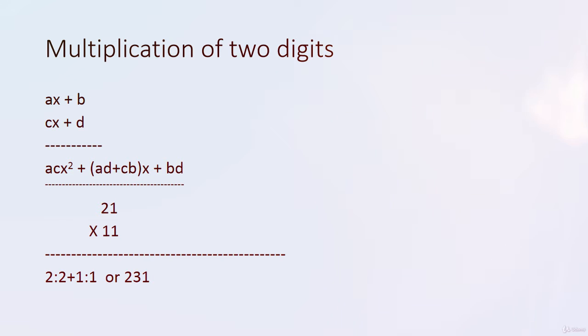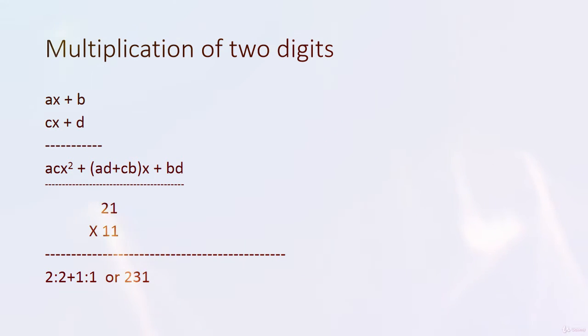And the middle number is obtained by cross multiplication and adding them up. That is 2 multiplied by 1 and 1 multiplied by 1, which gives us 2 plus 1. So the middle digit will be 3 and the answer will be 2, 3, 1.